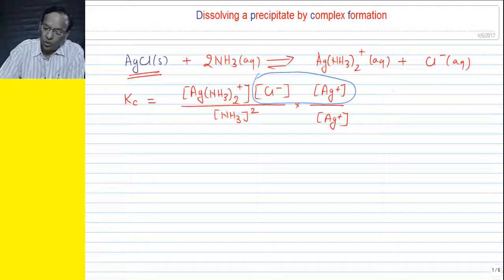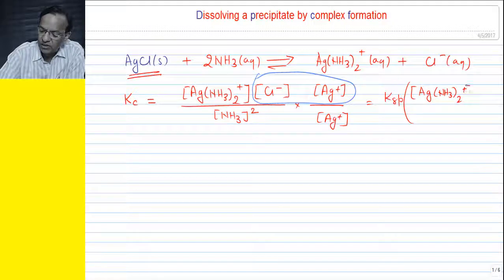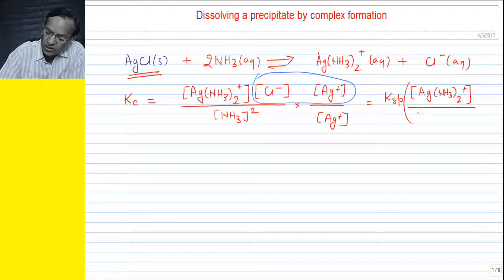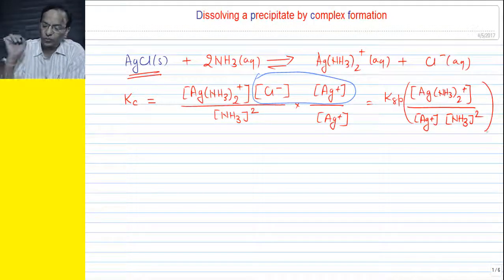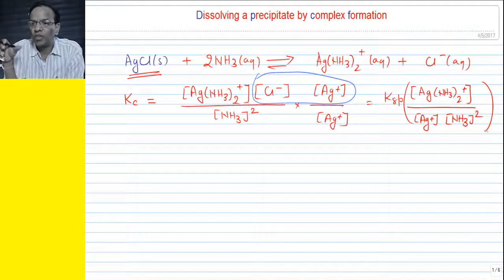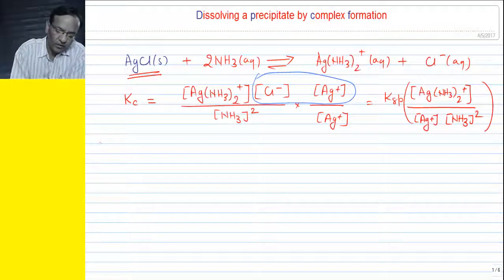So, one term in the numerator is Ksp of silver chloride. What is another term? It is Ag(NH3)2 plus concentration divided by concentration of silver ion into concentration of ammonia raised to the power 2.